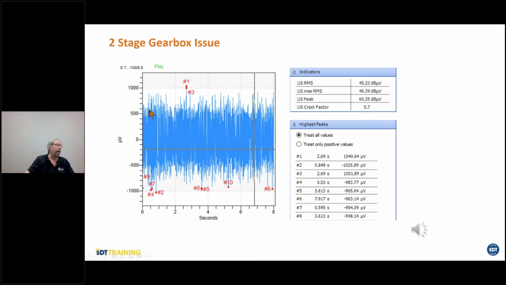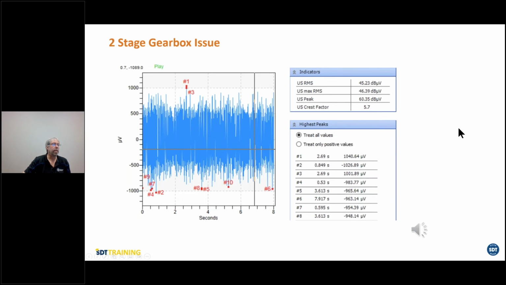Here's a gearbox. You can see I can't see too much in here. I'll make you listen to it. As you can tell, it didn't sound like much, did it? Not at all.